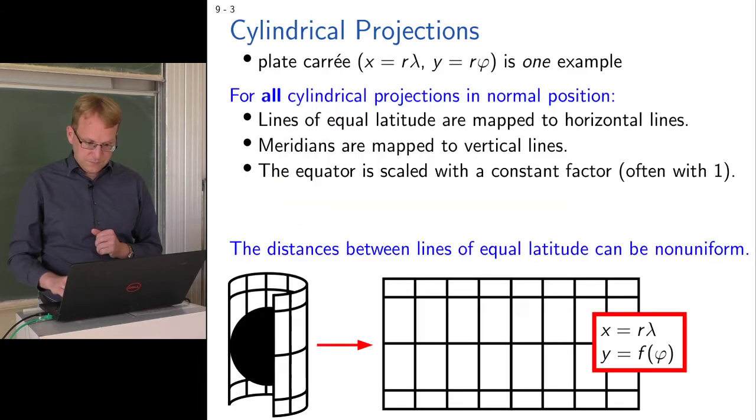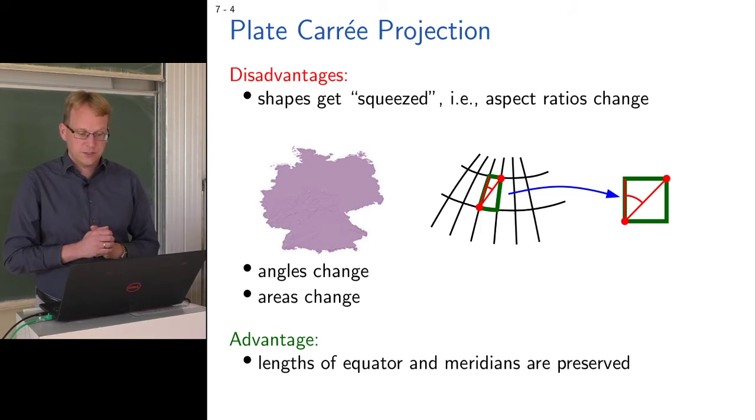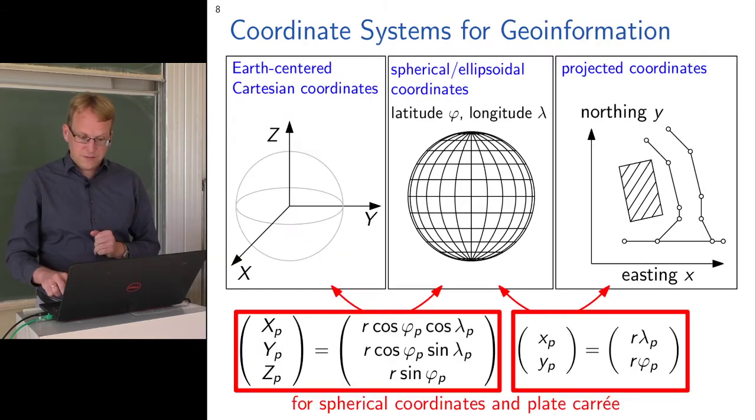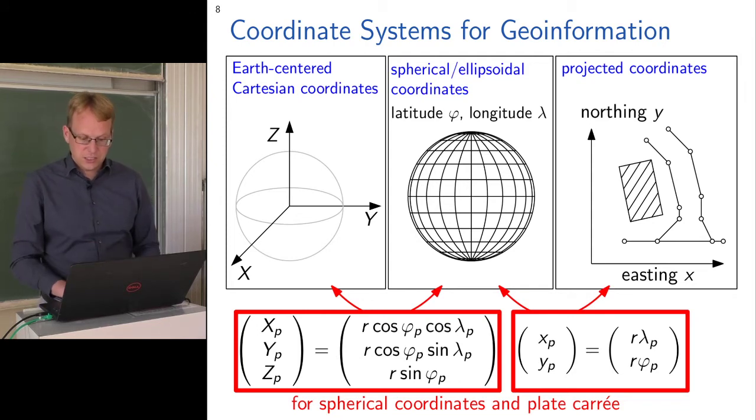Well, here we are. That is what I wanted to show you. And with that, we have accomplished this task: we have the relationship between these spherical ellipsoidal coordinates and these projected coordinates.